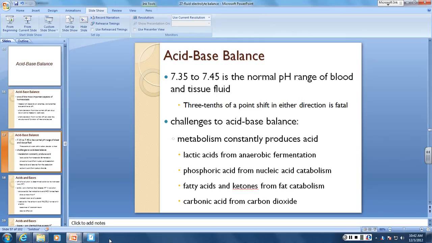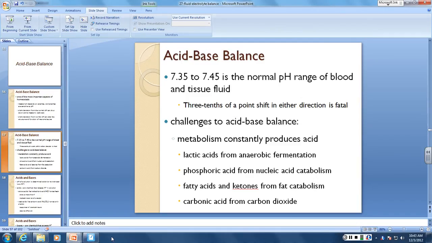Like 7 point what? 7.0, would that be fatal? So if the blood pH dropped to 7.0 or increased to 7.75, the body then has to do a constant job of making sure the pH doesn't fall out of that range.